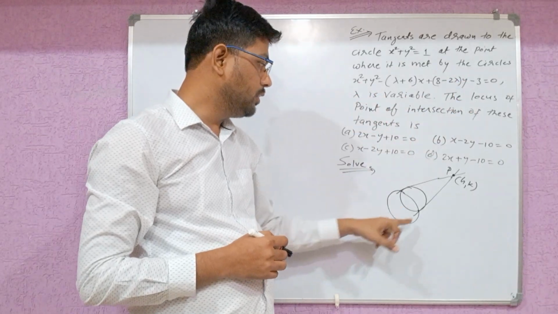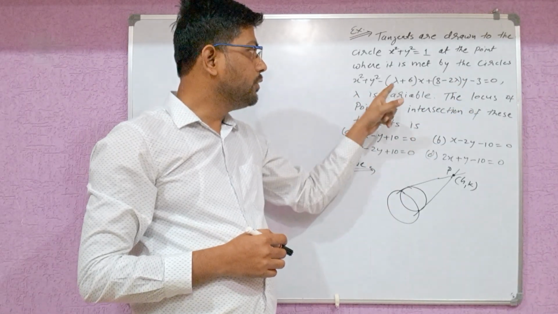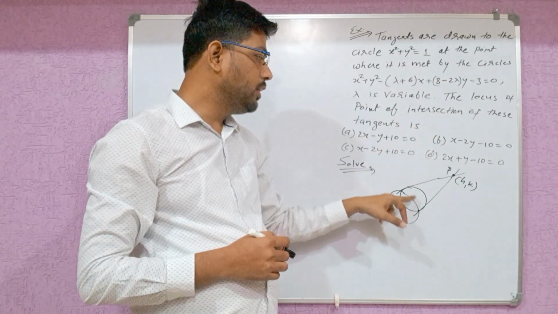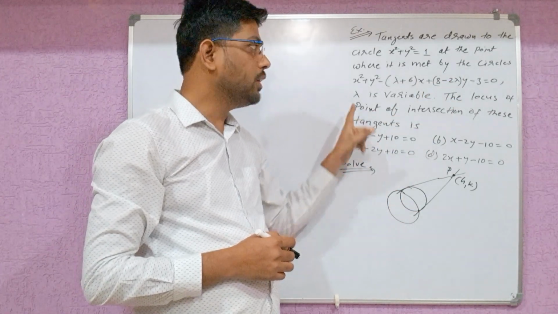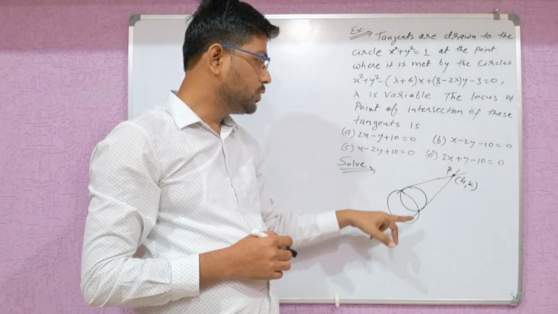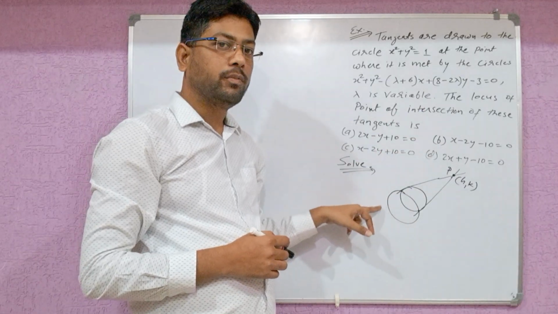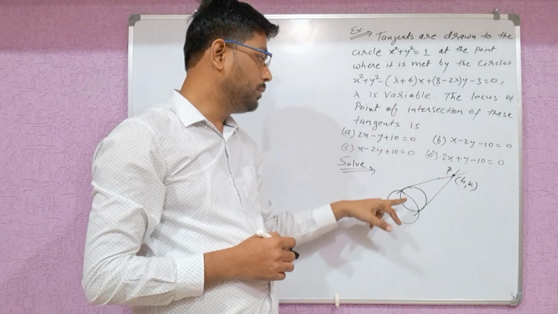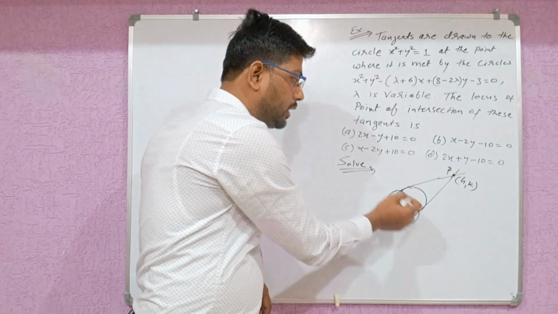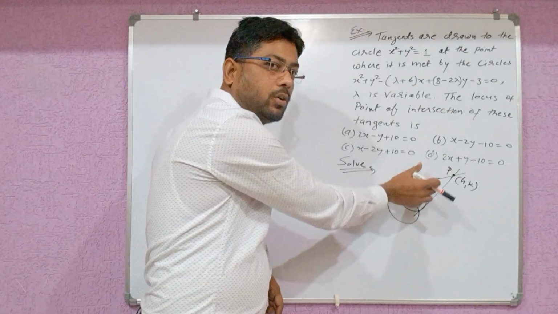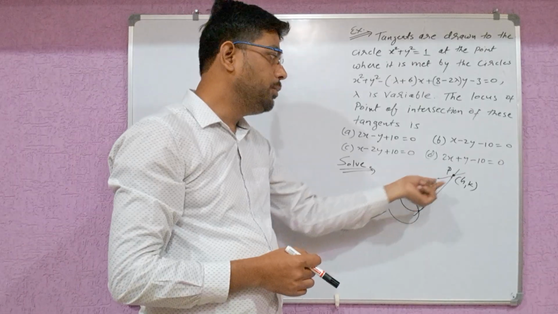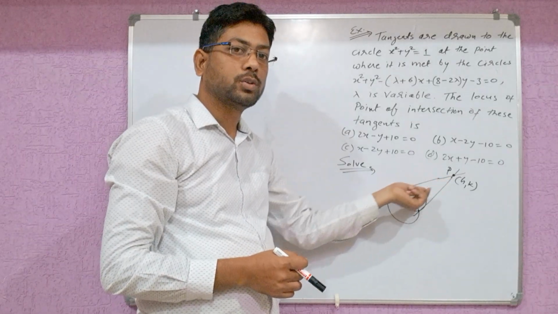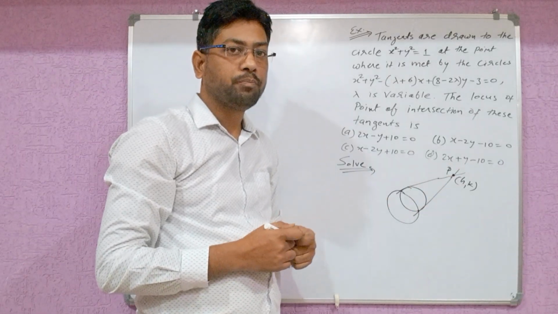For different values of lambda, I will be getting different graphs of this circle, I'll get different equations. So these points I'll get different, and if I draw tangents on that one, they will be intersecting at some other points. So locus of all those points I have to find out.